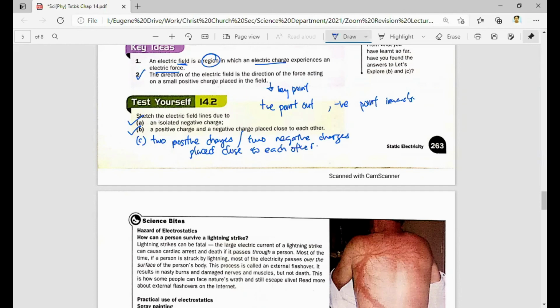So you can try sketching these three. If you can sketch these three, I think you're a lot safer already in terms of understanding what you need to remember for this chapter.